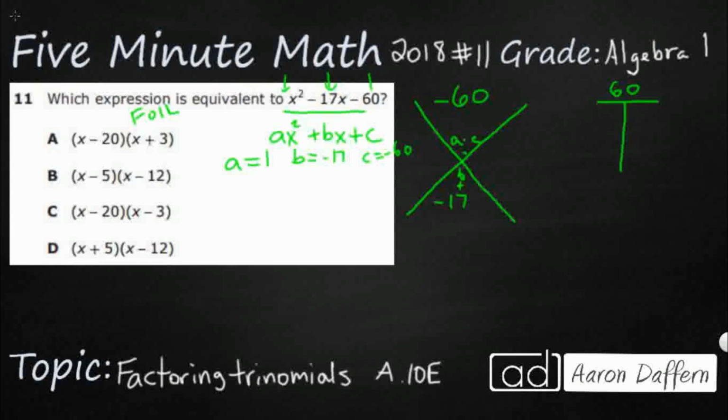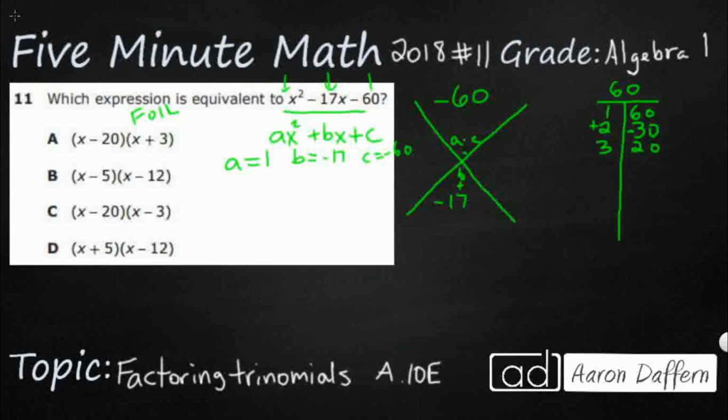So let's deal with factors, and look for a combination that could get us to negative 17. 1 and 60 is not going to do much good. 2 and 30, I could make that negative 28 if I made the 2 negative, and that's as close as I can get, or if I made the 30 negative. But look at this one, 3 and 20.